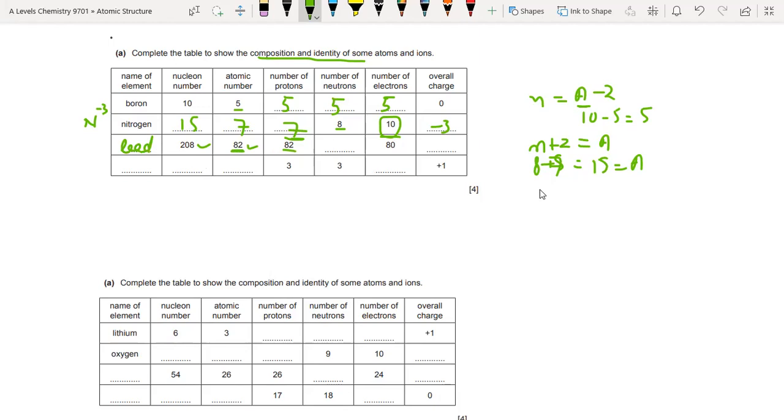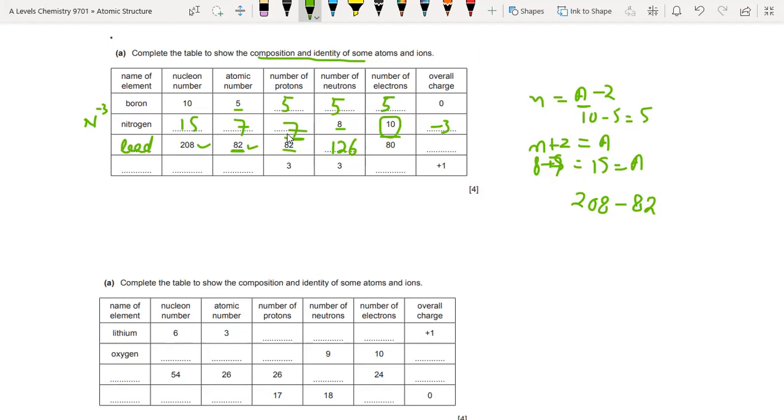Neutrons can be found by subtracting the proton number from the nucleon number. That is 82. It will become 126. Okay.